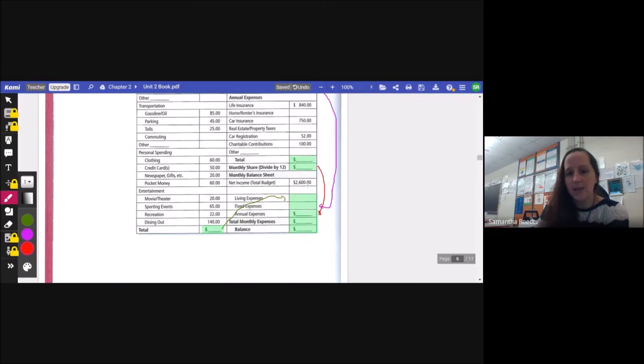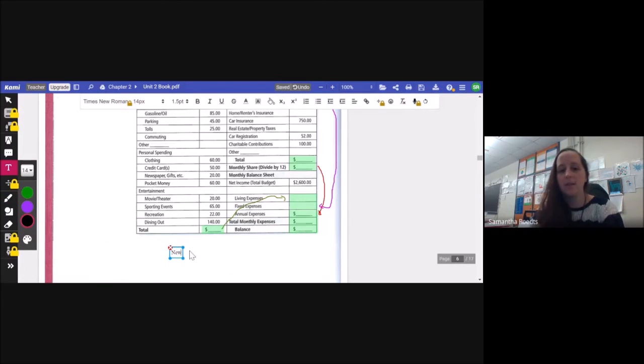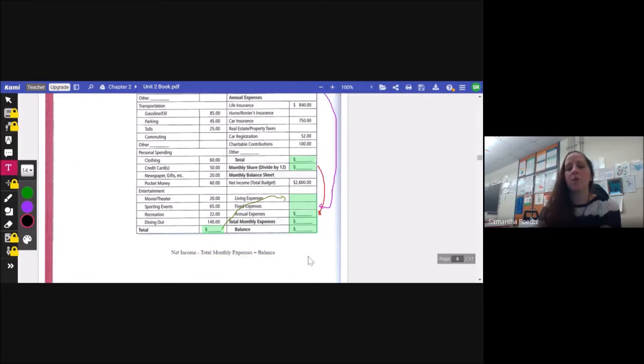Then you're going to take this net income minus your total monthly expenses, and that's going to be your balance. Net income minus total monthly expenses equals your balance, how much you have at the end.